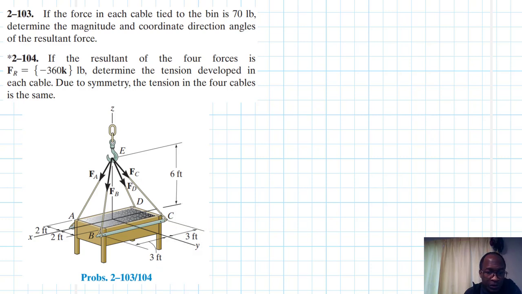The problem reads, if the force in each cable tied to the beam is 70 pounds, determine the magnitude and coordinate directional angles of the resultant force. And in the other case, we are being asked to determine the resultant of the four cables given.